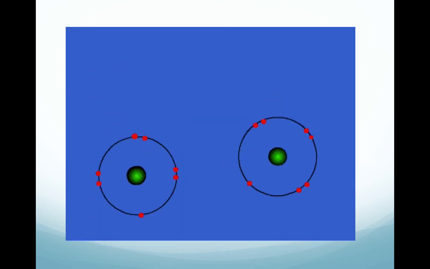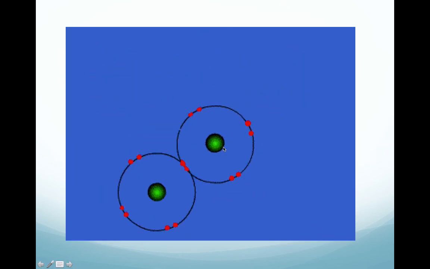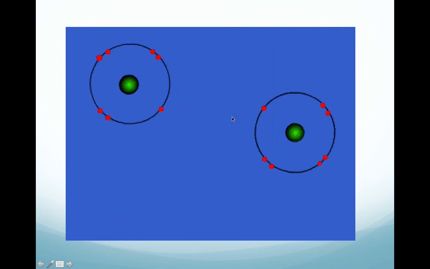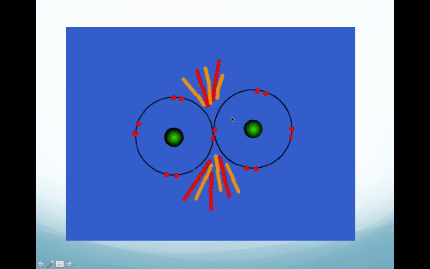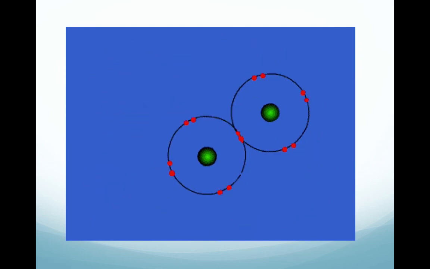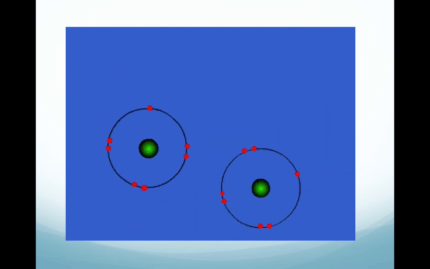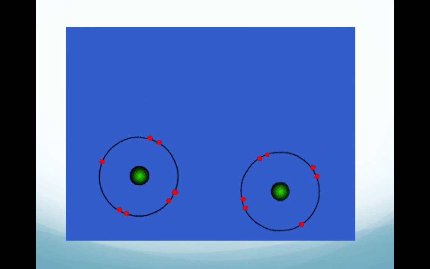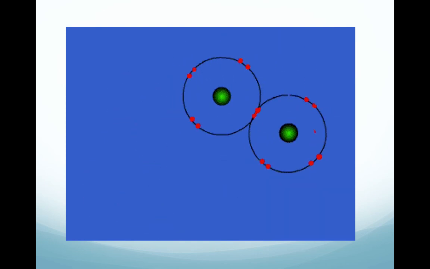In this case, both of these atoms need one electron to fill their electron shell completely and therefore be happy. So they work together and say, hey, I'll take yours, you take mine, and we share them that way. And we're both happy and content with this arrangement.